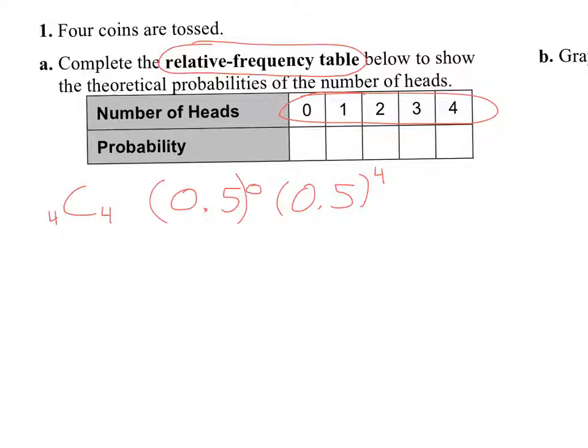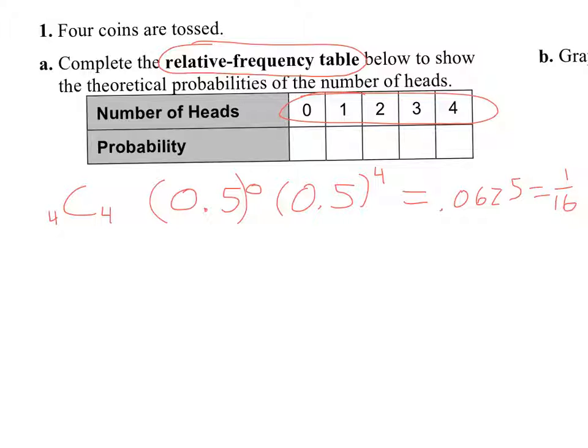Okay, so calculate that. 4C4 equals 1. 0.5 to the 0 equals 1. So all we really need to calculate is 0.5 to the 4th power. 0.5 to the 4th power is 0.0625, or 1 over 16.